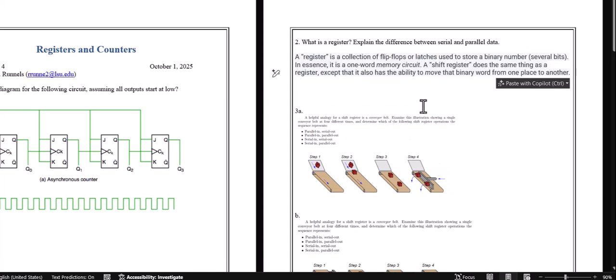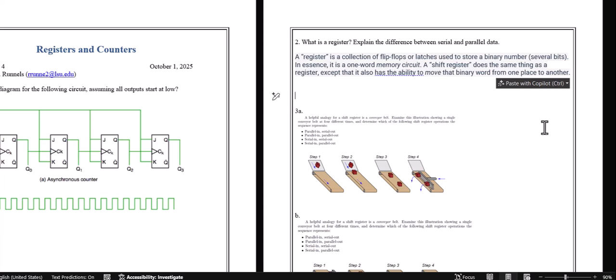So a register is a collection of flip-flops or latches that's used to store a binary number, several bits. If you had 4 flip-flops, you could store a 4-bit number. In essence, it's a one-word memory circuit, and a word is defined differently depending on your architecture as to how many bits it is.